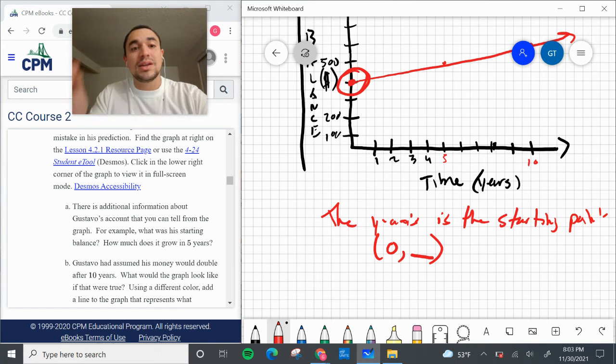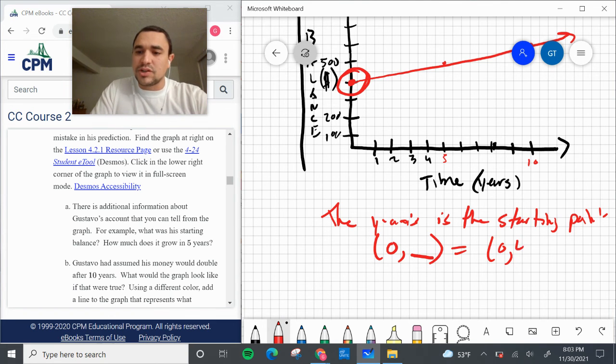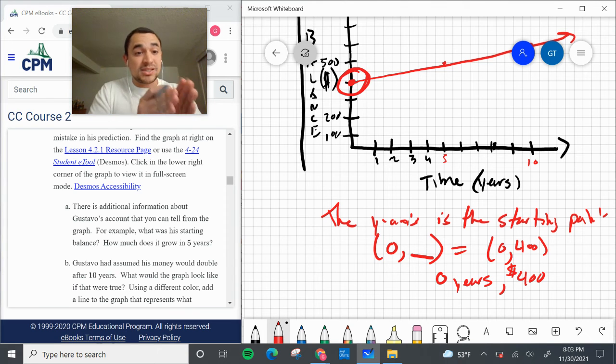So when 0 and whatever y is, that's your starting point. So in this case, it's going to be 0, 400. And what does that mean? It means 0 years and $400. So at 0 years, his account had $400. At 5 years, it's 500. At 10 years, it's 600. That is proportional growth.